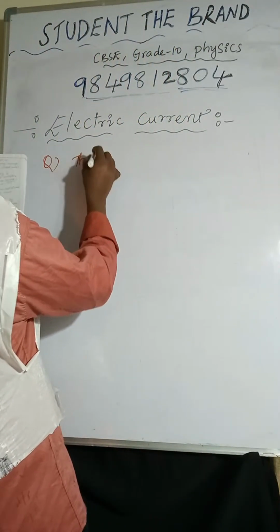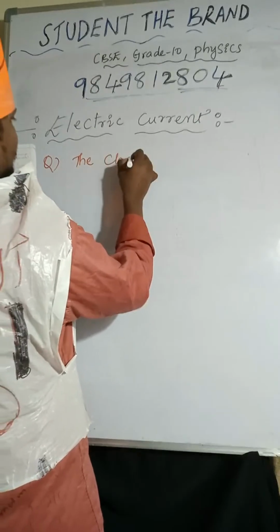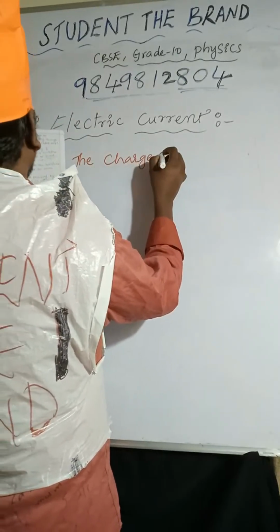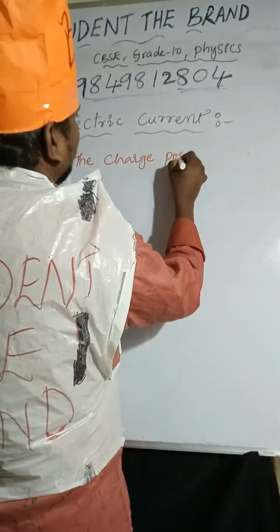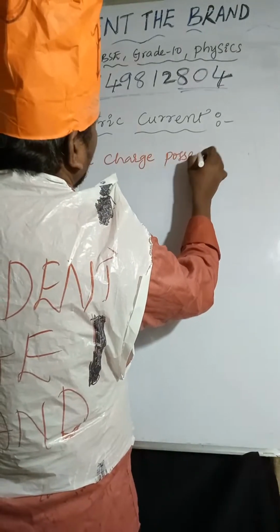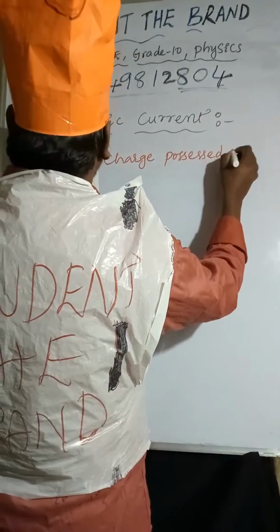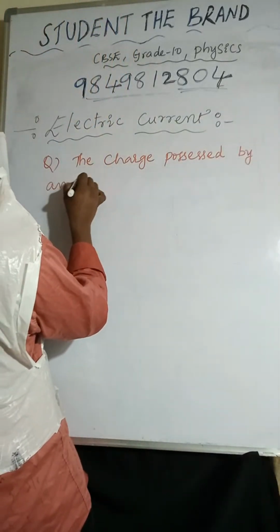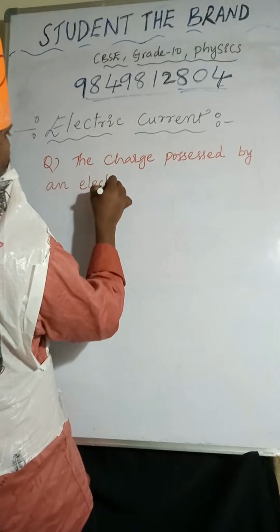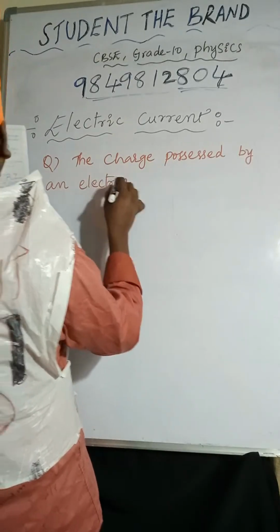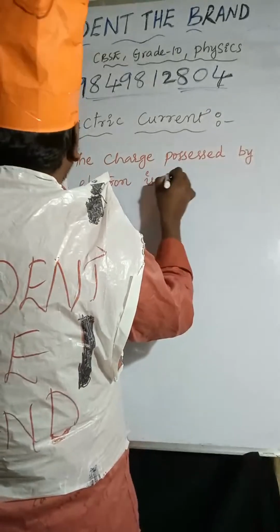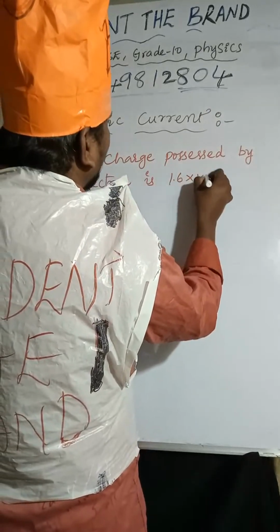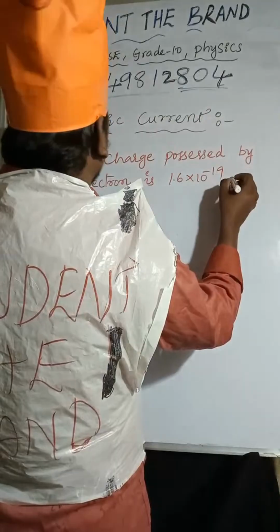The charge possessed by an electron is 1.6 into 10 power minus 19 coulomb.